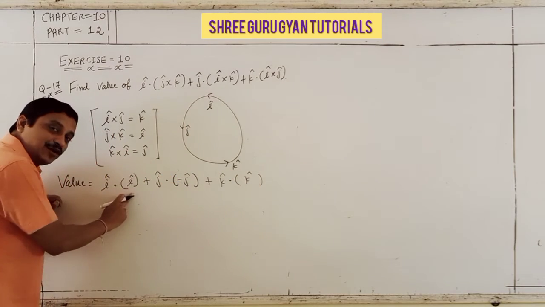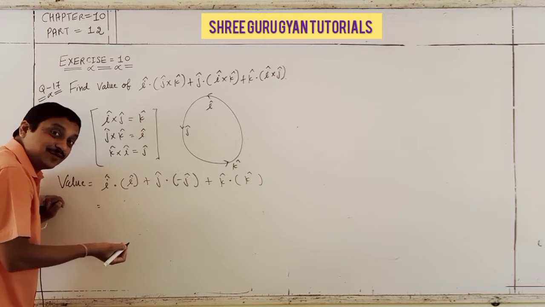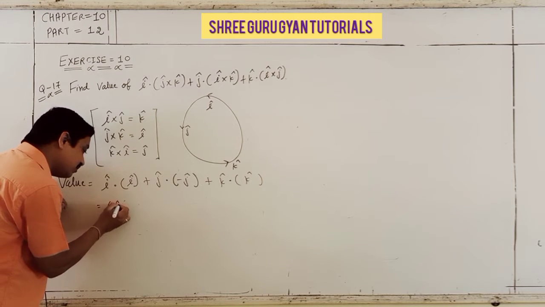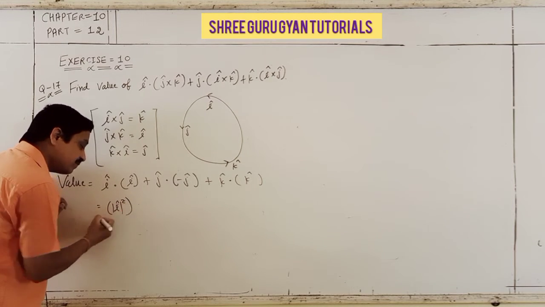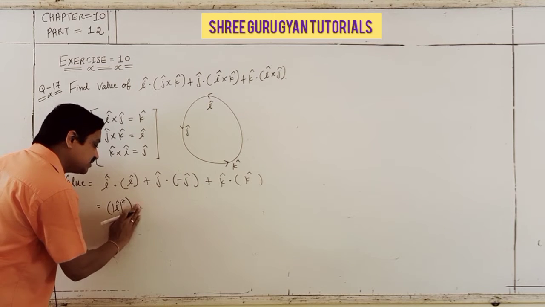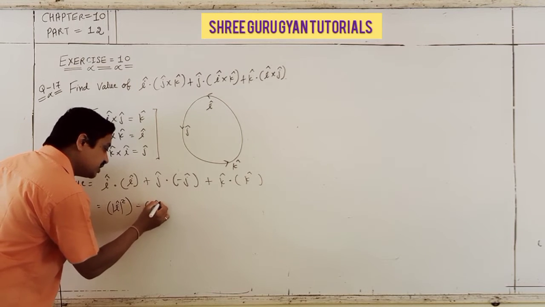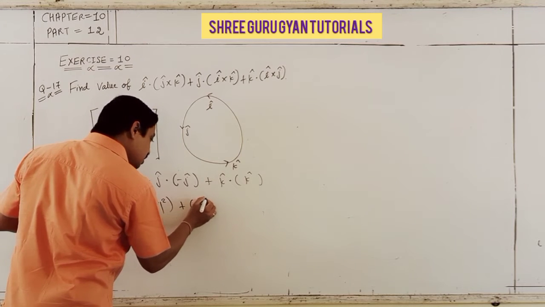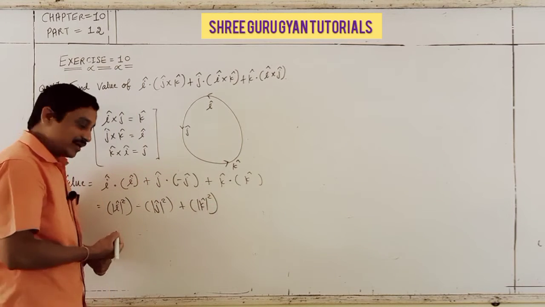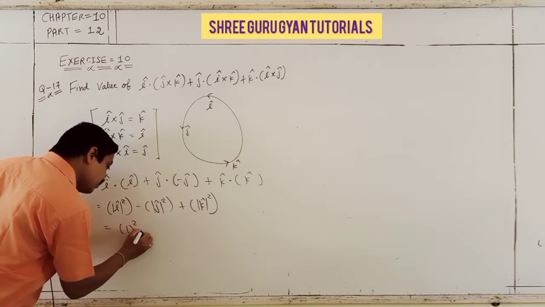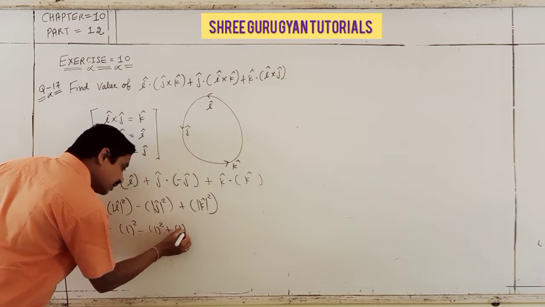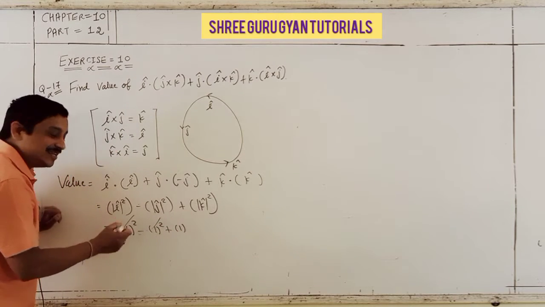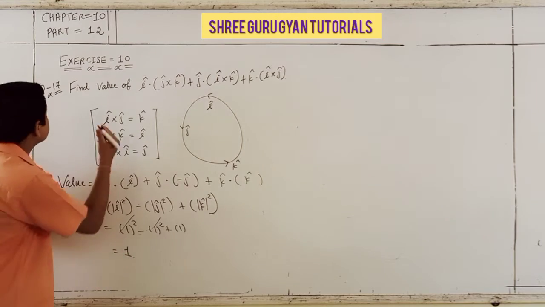Now students, i dot i, you know that it is 1, the magnitude of i whole square, same as minus j dot j, magnitude of j whole square, and similarly k dot k, magnitude of k whole square. It will be 1, a unit vector, that is also 1.